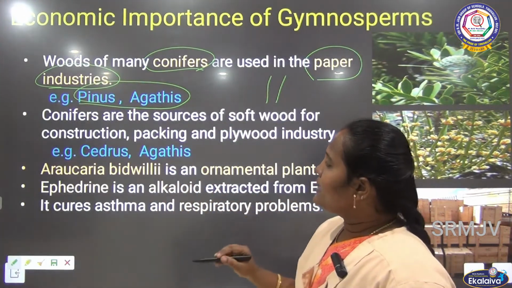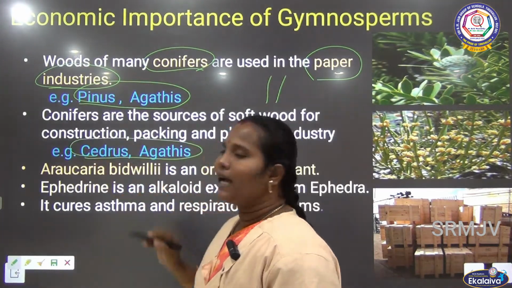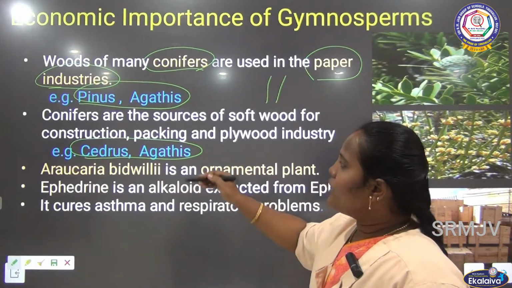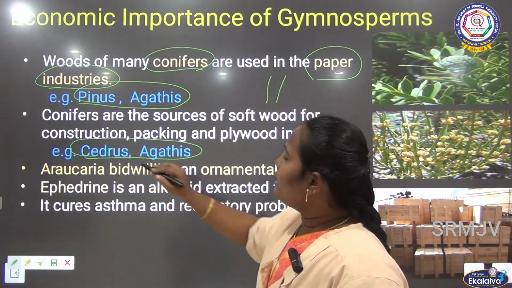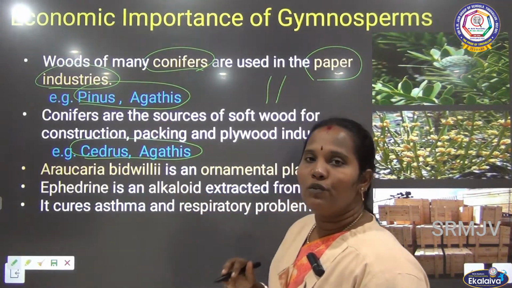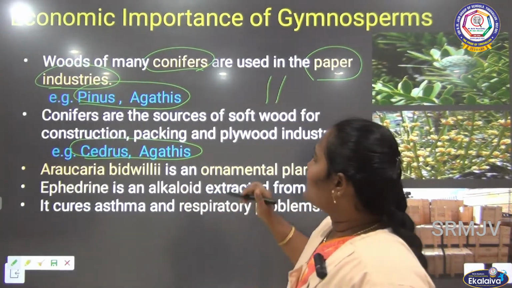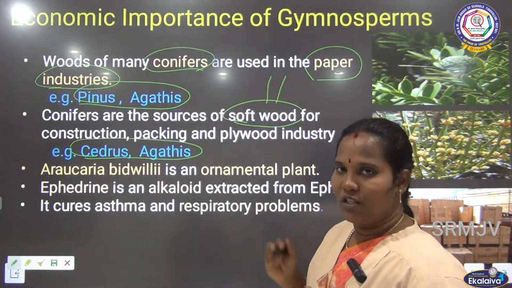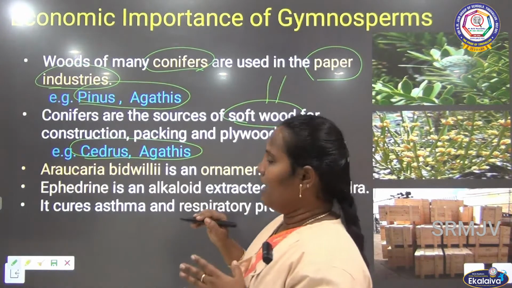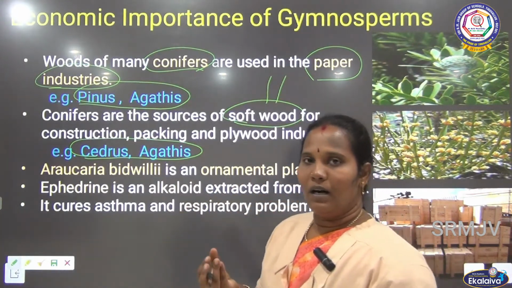Next one is Citrus and Agathis. It is also used for preparing paper. Why are these plants used for preparing paper? Because they have soft wood compared to the others, and soft wood is very easy to make into paper pulp.